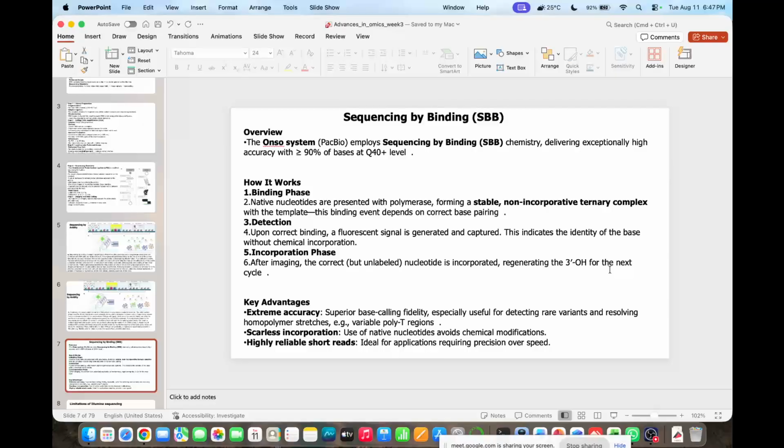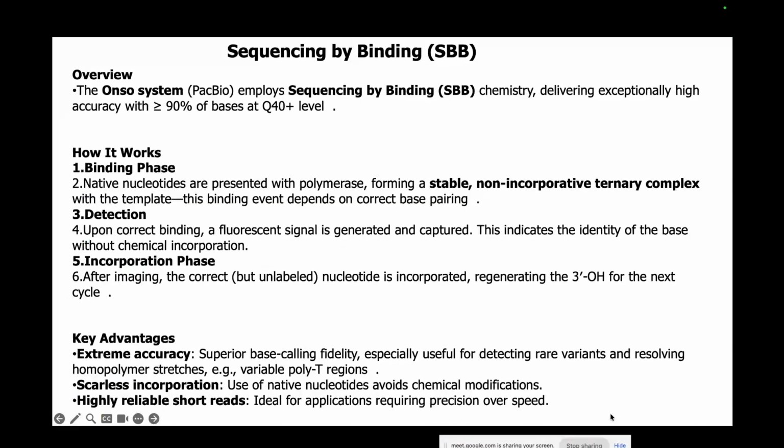Okay, so sequencing by binding. How is it actually different from sequencing by synthesis? Here, what you are doing is you are incorporating a stable ternary complex to detect what base is there in that particular location, right?